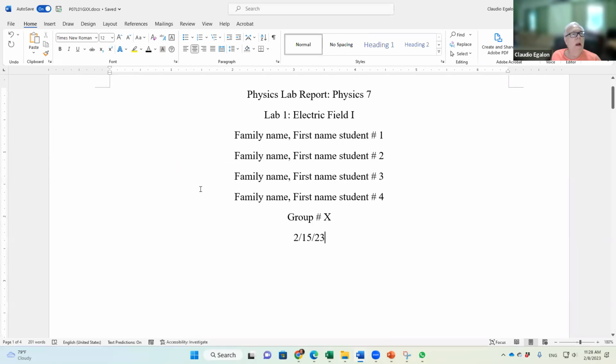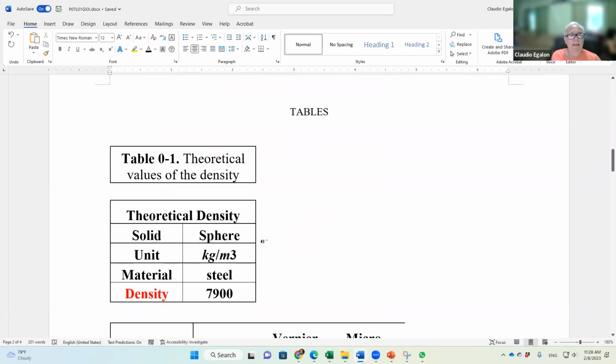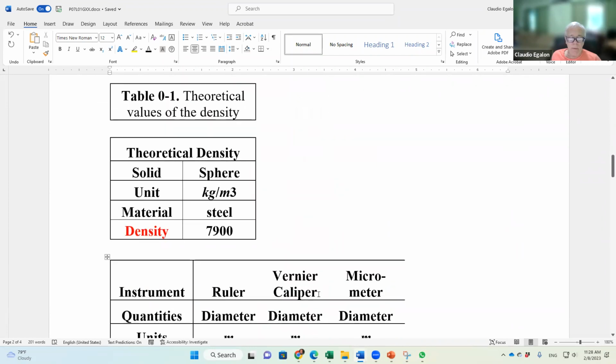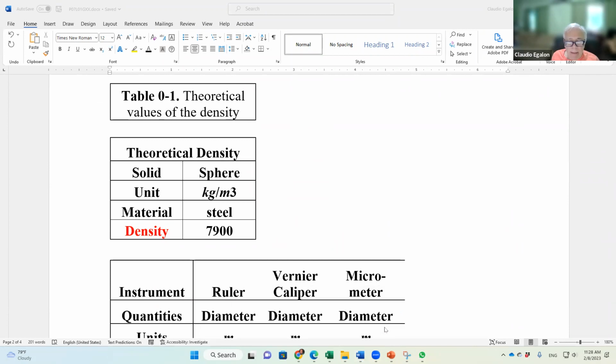Next page. Here you go, I have a table here. You're going to see tables like that. Let me see if I can get the table for the next experiment, so you can have a better idea of what you're going to see next time.